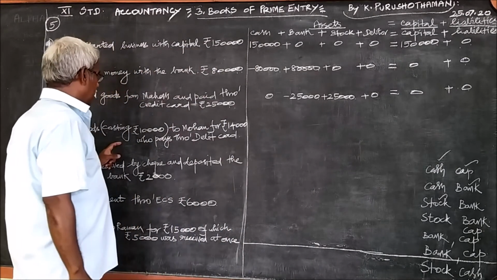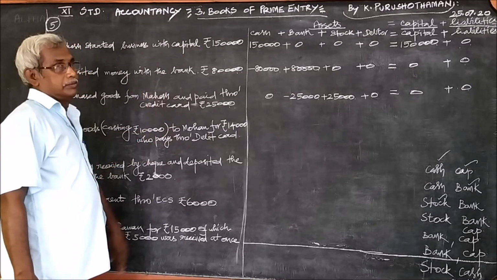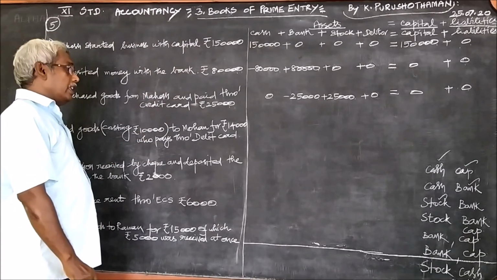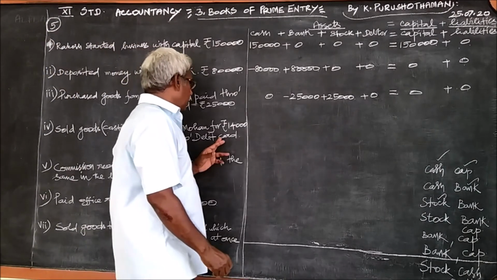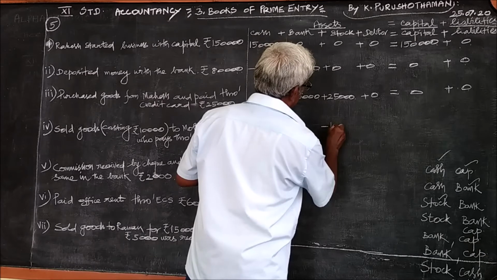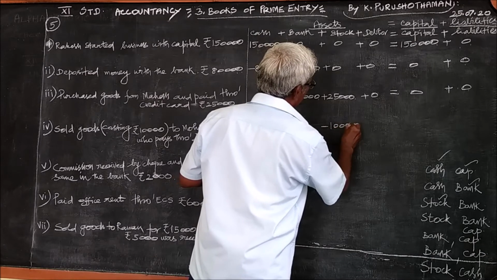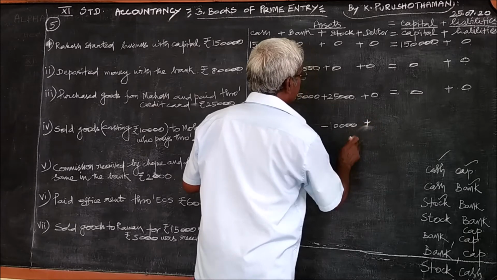Then fourth one. Sold goods costing 10,000 to Mohan for 14,000. 10,000 valued goods are only sold. Therefore, minus 10,000 from the stock. For what value it is sold away, that is immaterial.